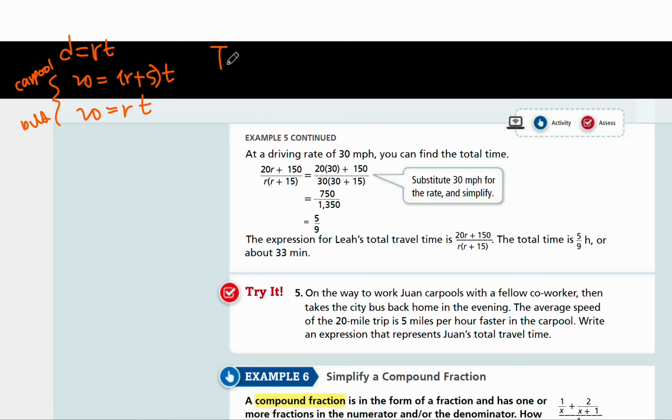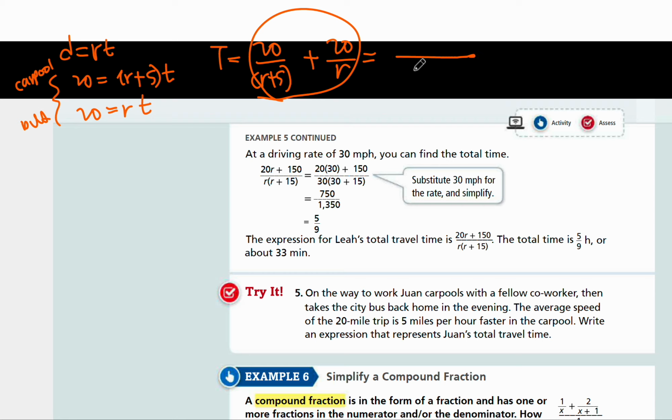And then the total time would be 20 over r plus 5, because time is distance divided by rate, plus 20 over r, and then you simplify this. So this would be the first expression that you could set up, but let's simplify.